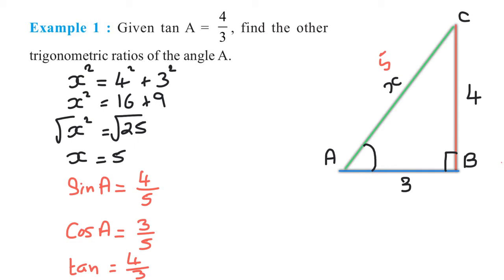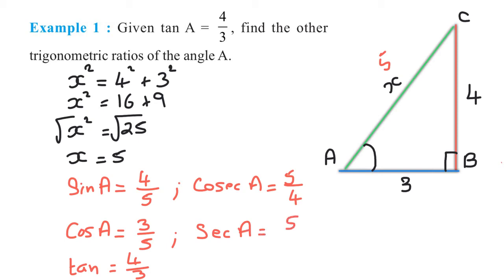What is the reciprocal of sine? Cosecant. So, cosecant of angle A is nothing but the reciprocal of sine, which is 5 over 4. What is the reciprocal of cosine? It is secant. So, secant of angle A is nothing but the reciprocal of cosine.